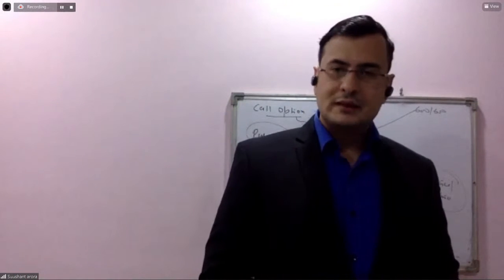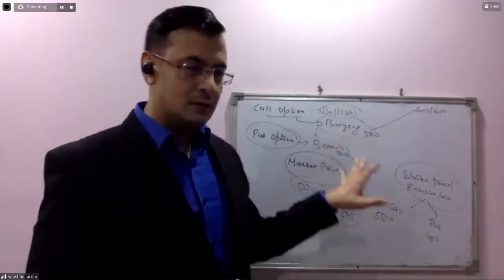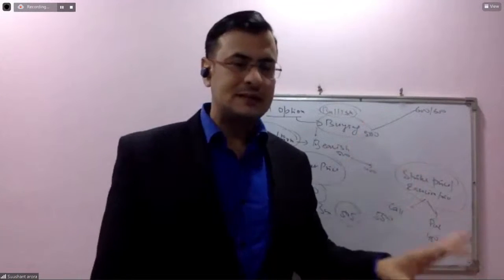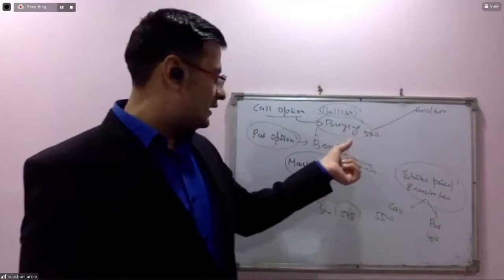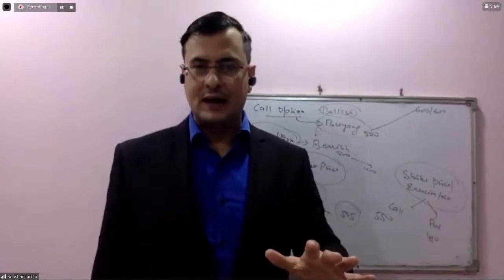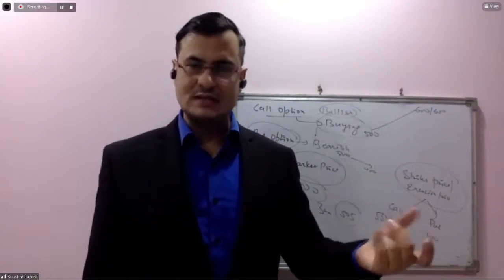Yes, absolutely, Sumit. The maximum amount of loss that I will have is the amount of premium I have paid. If I have paid a premium on a call option and I'm not exercising it, that is my maximum loss. If the stock has gone up and I let the put option expire, on the put option I will have the maximum loss, which is the premium paid.